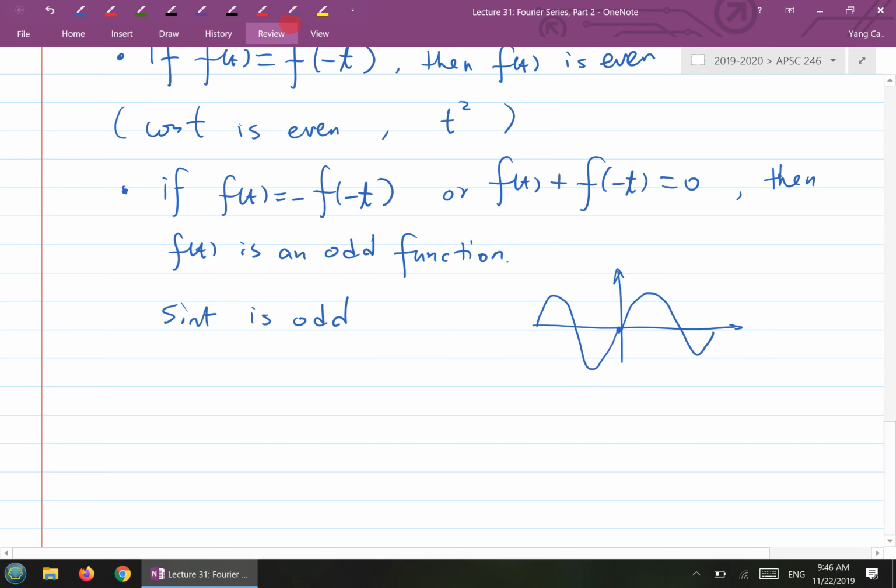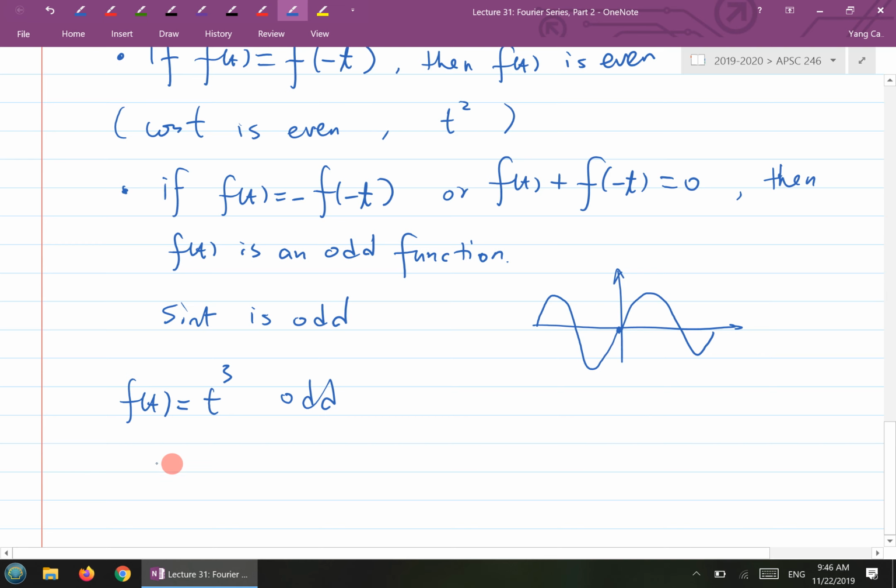Some other examples of even or odd. For example, if I have f of t equal to t cubed, is it an even function or an odd function? It's odd, because you can test this: f of t plus f of negative t equals 0, then it's odd.